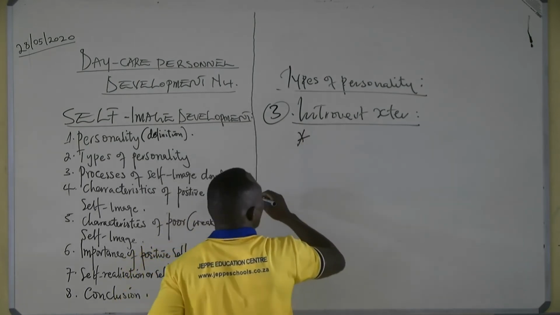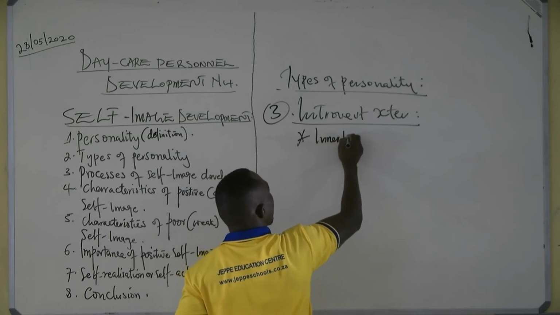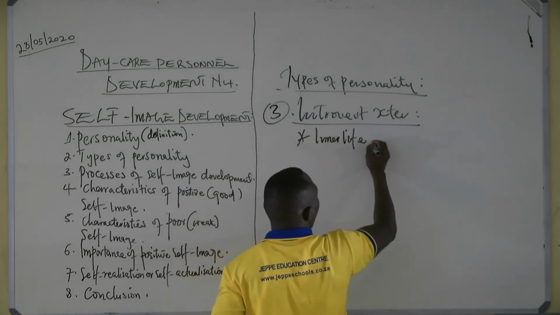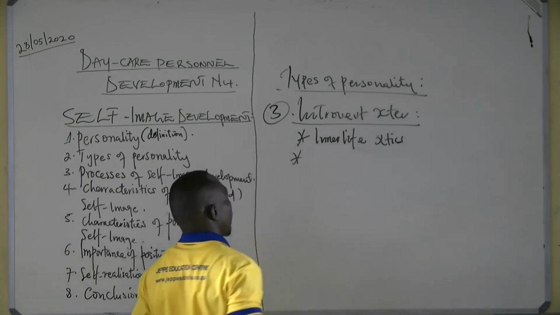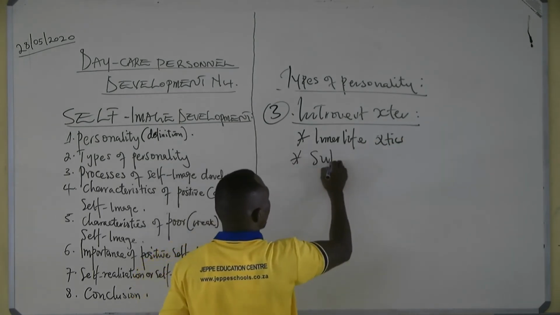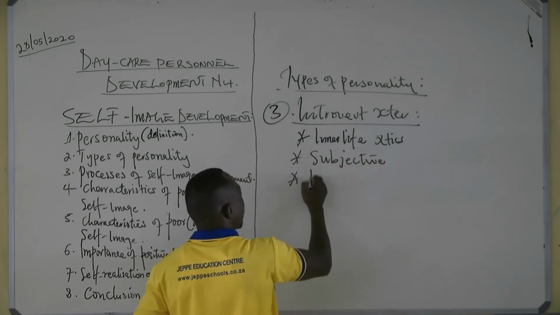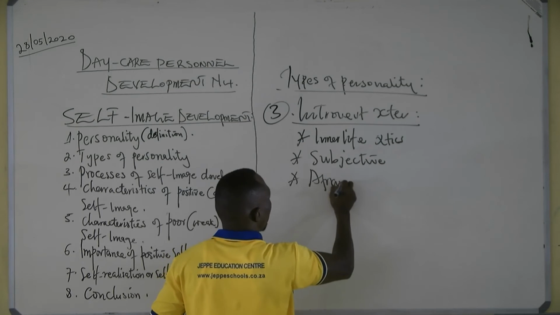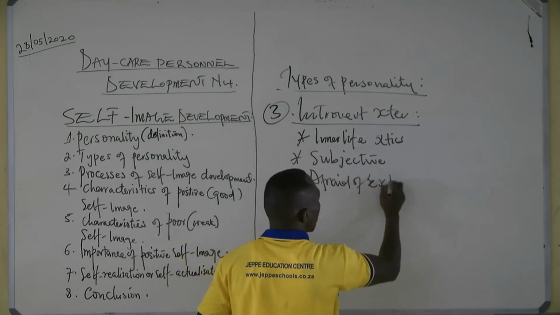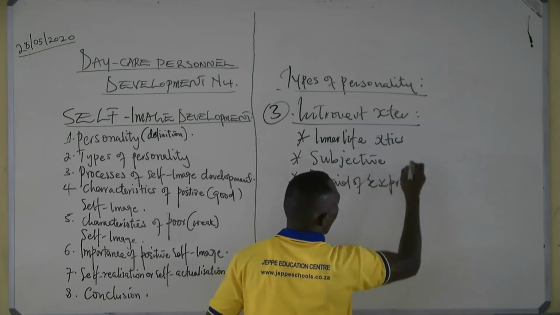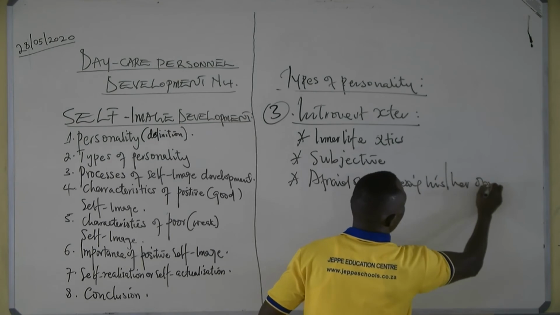Now, a person with introvert characteristics is that person who is seen to be bearing what we call inner life characteristics. This person is also seen to be subjective and is afraid. This person is also afraid of expressing his or her opinions.